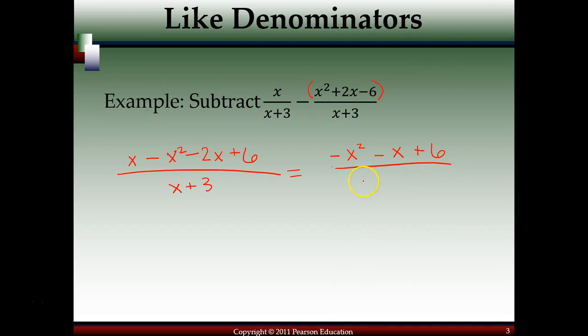And that's still all over x plus 3. Now, we're going to factor. I'm going to take out a negative first from all of this. So we get x squared plus x minus 6, basically changing all the signs.